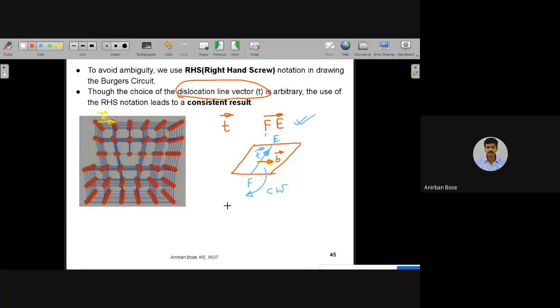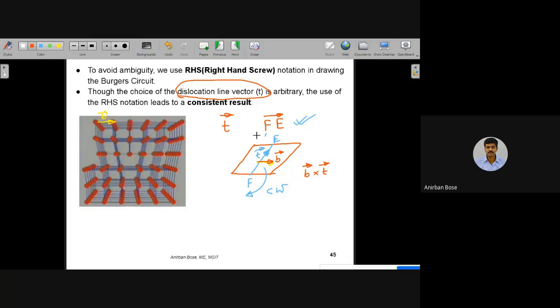Now you observe the quantity B cross T. What is the direction of B cross T? The direction is perpendicular to the plane containing B and T, and it will be in the upward direction.